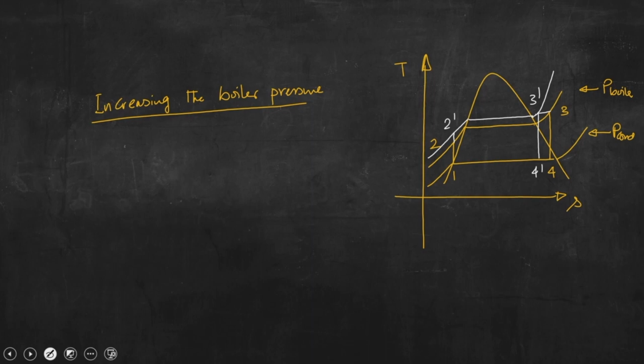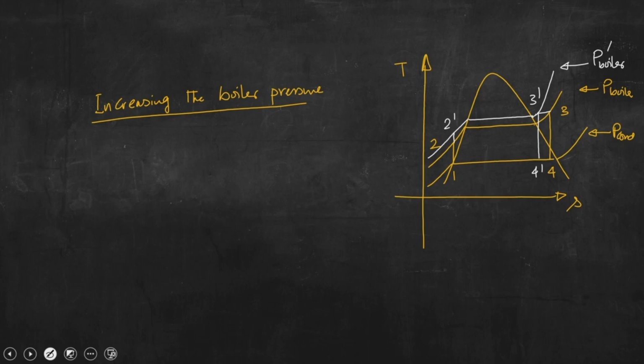So, this is the concept. You know that without superheating, we are trying to achieve this additional amount of heat. I mean we are trying to increase the average temperature of heating by increasing boiler pressure from P boiler to P boiler dash. You know that the temperatures at 3 and 3 prime are the same.